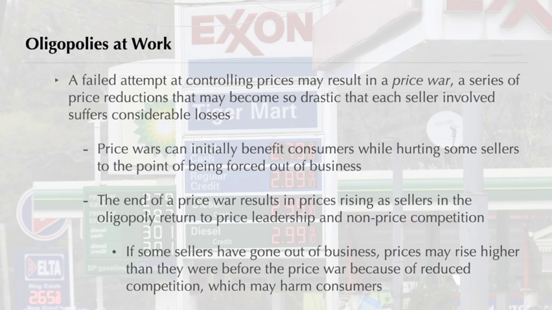When a price war ends, prices tend to rise again as oligopolistic sellers return to price leadership and non-price competition. If one or more sellers have gone out of business, prices may rise even higher than before the price war because of reduced competition. Thus, in the long run, consumers may not benefit from severe price wars.